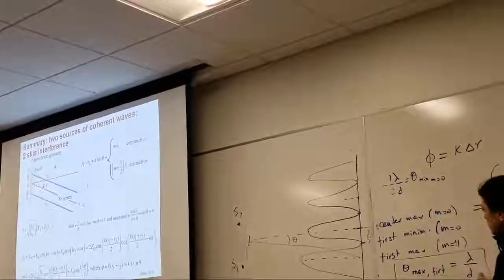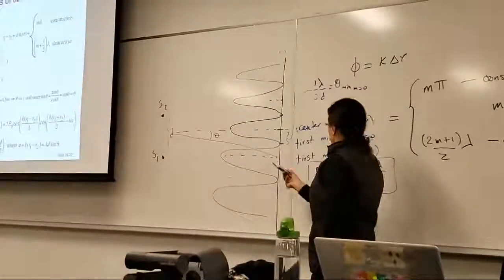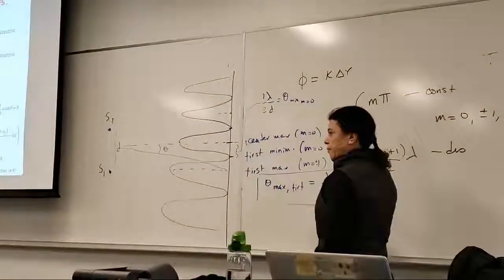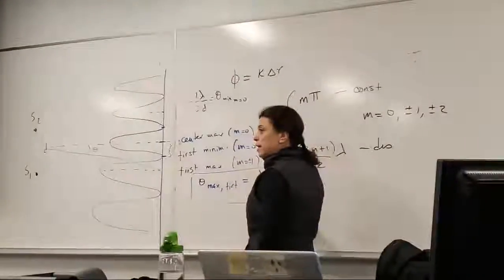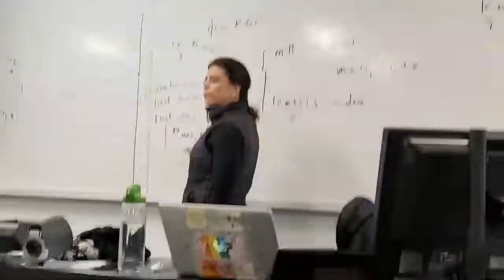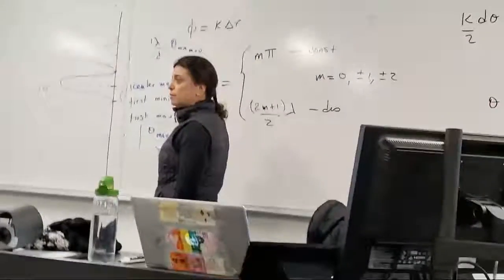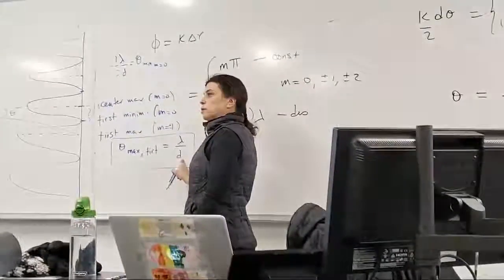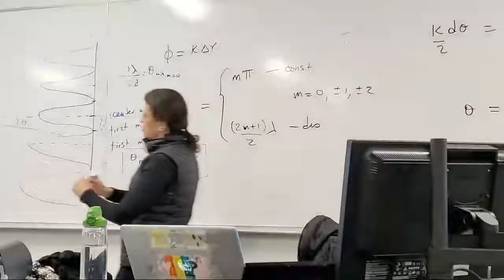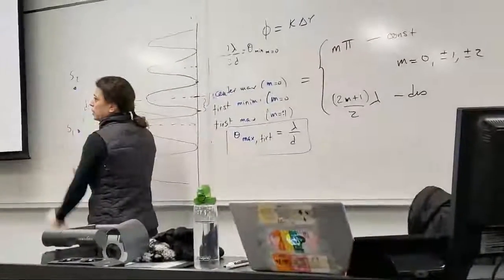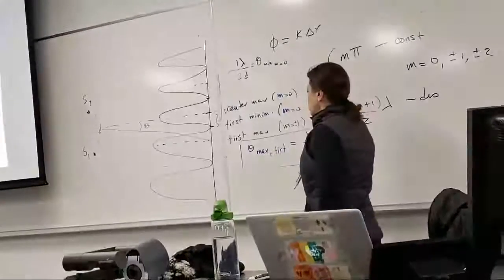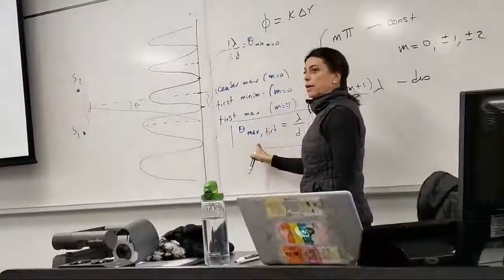So let's look at this angle, which is lambda over d. If I increase lambda, what happens to the angle? Increases. If d becomes smaller, meaning the two sources get closer together, what happens to the first maximum? It's bigger.